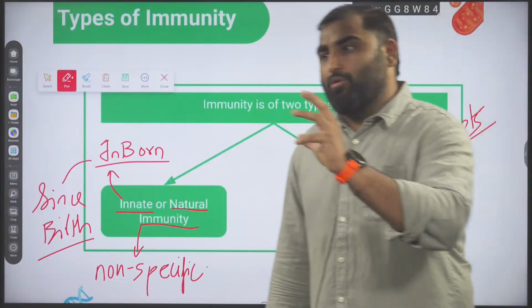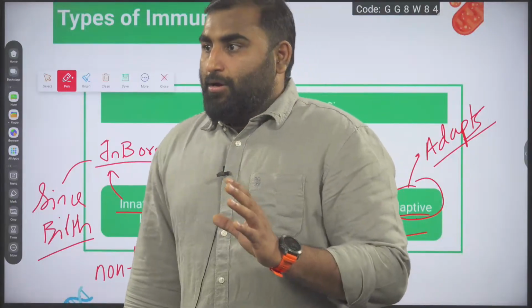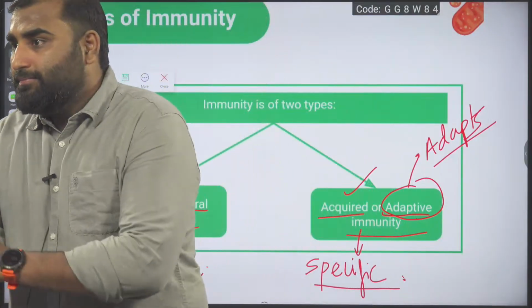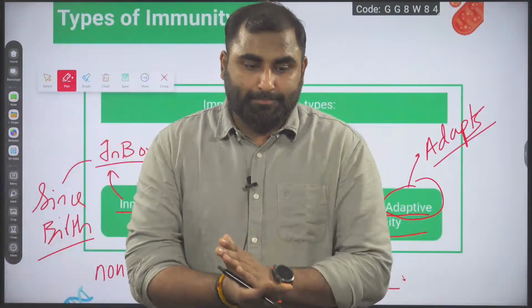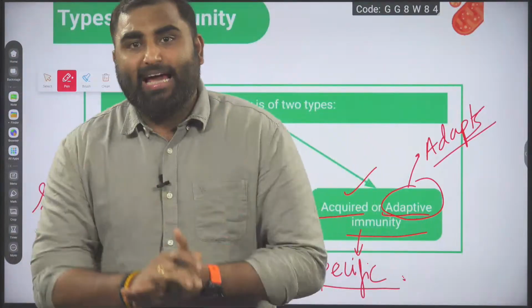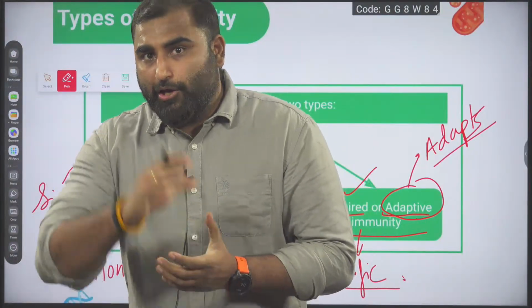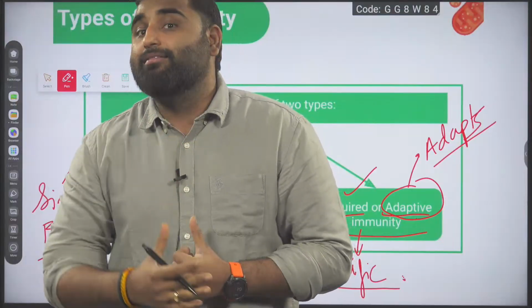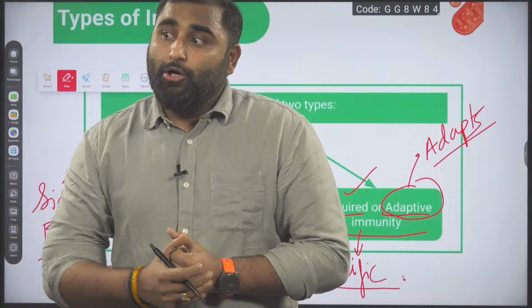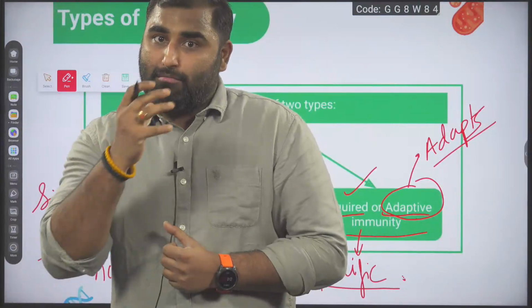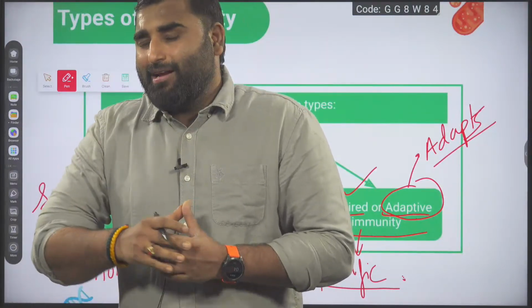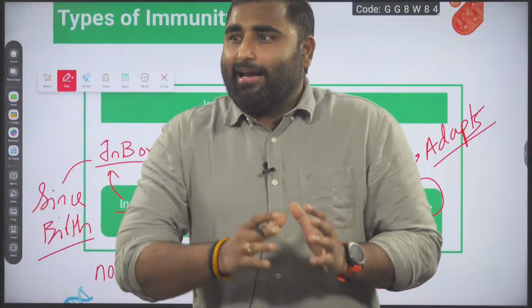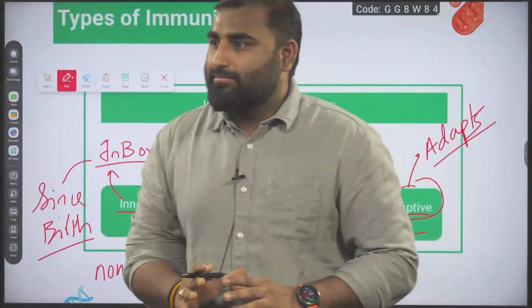So I will give you one more simple, familiar example. Come on, pay attention. Do you behave the same way in your house and with your relatives? Do you behave the same with your mother and father? Your behavior is a little casual, a little jolly with your mother and a little disciplined with your father.